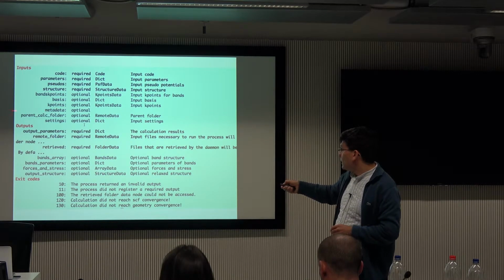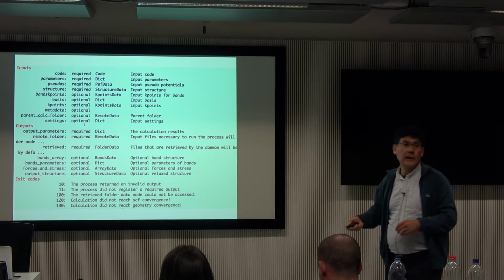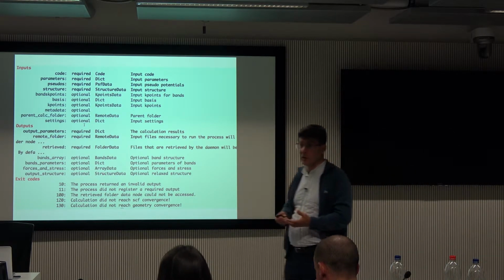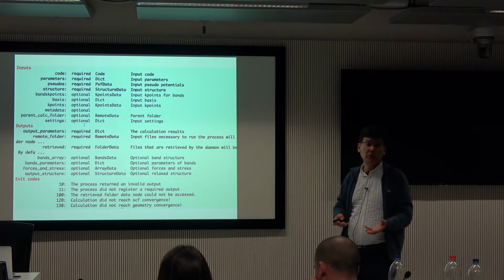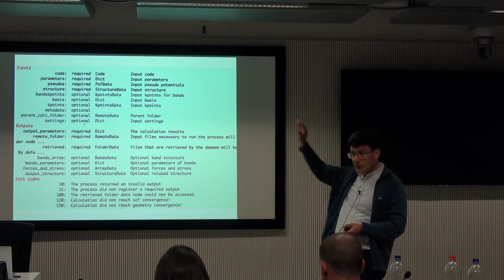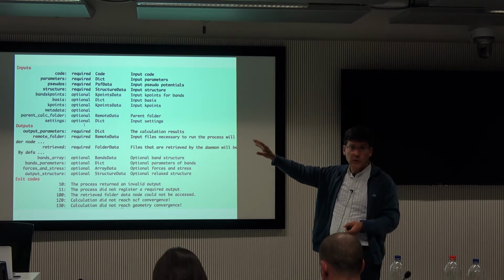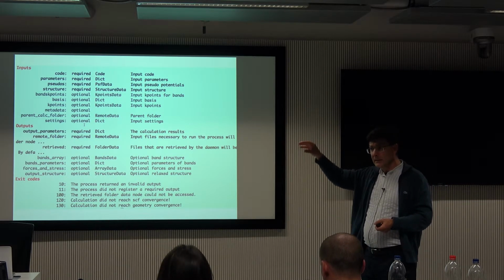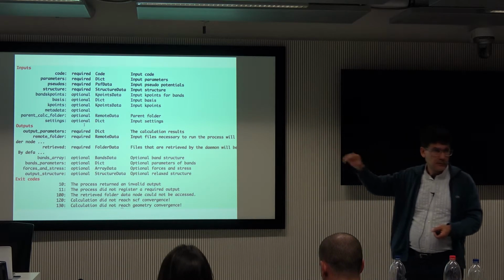And this is something that is required in most plugins that are able to be restarted. This is important because you might find that a particular calculation is not converged, so you need to restart, possibly copying from the folder in which you run the calculation the latest density matrix file that you got in the process.